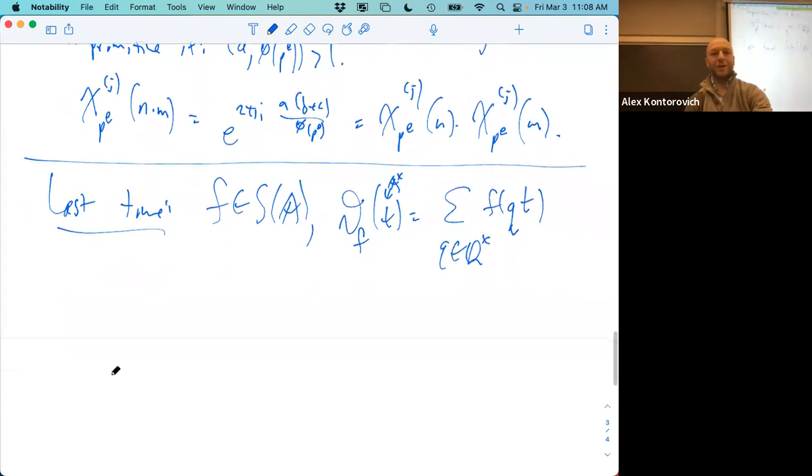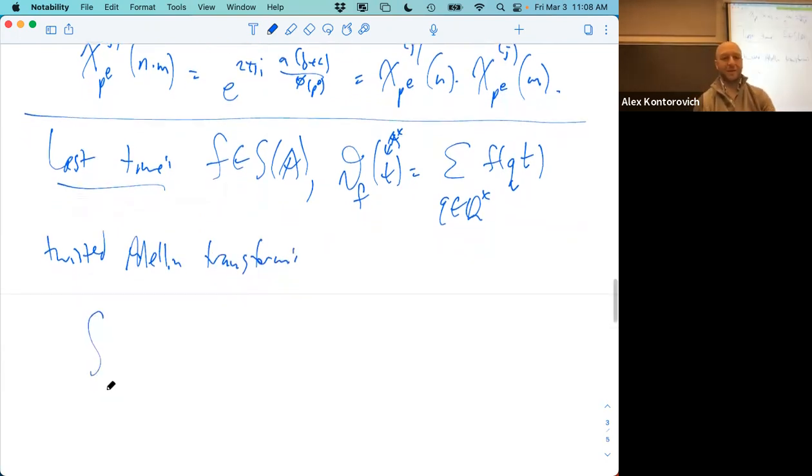And then we took the twisted Mellin transform, which was an integral over the adeles modulo the rationals, the theta function times phi.